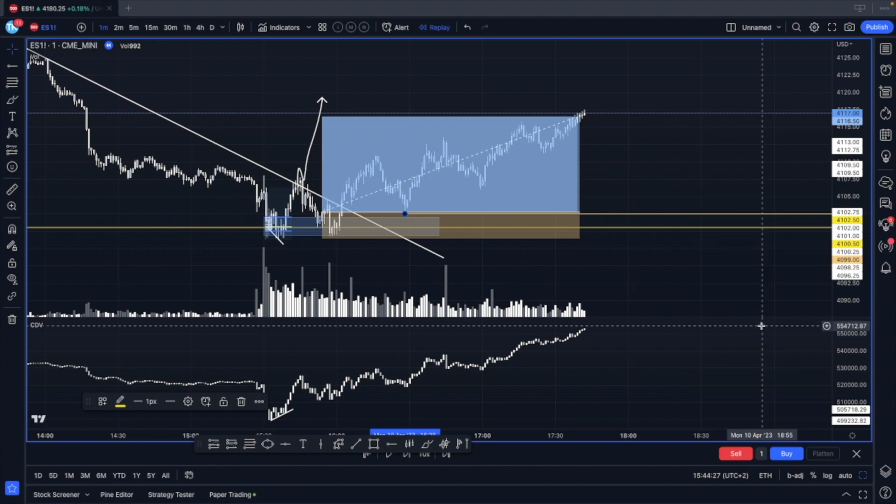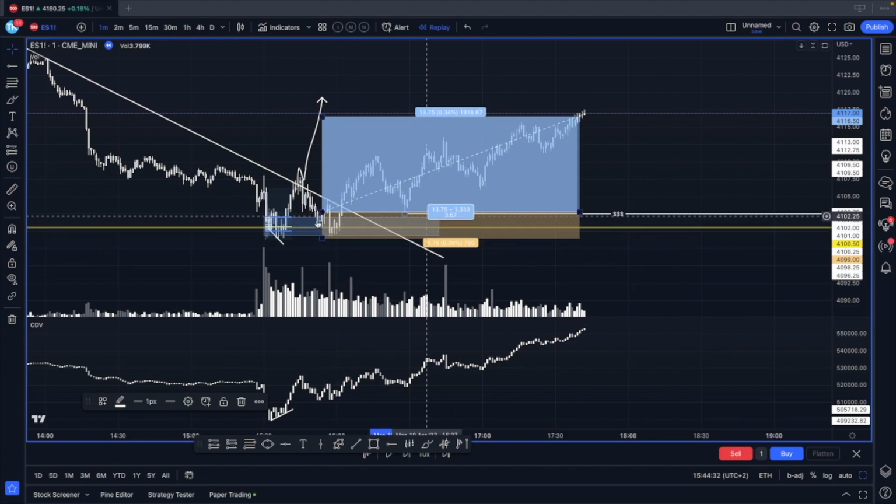And we have an imbalance here. This is an area in which price will probably retest to fill the untested volumes. It doesn't mean that there is a huge amount of volume here.